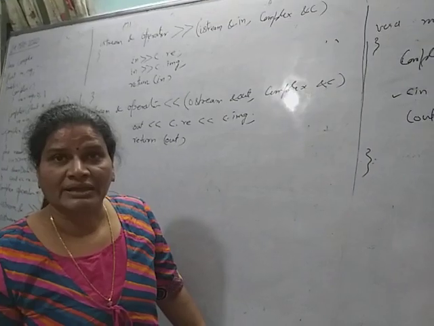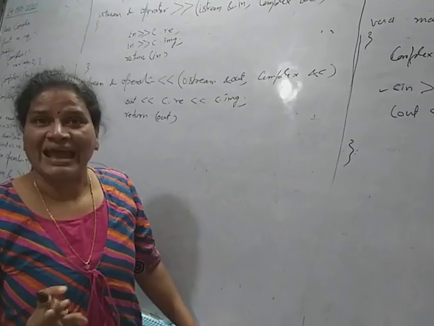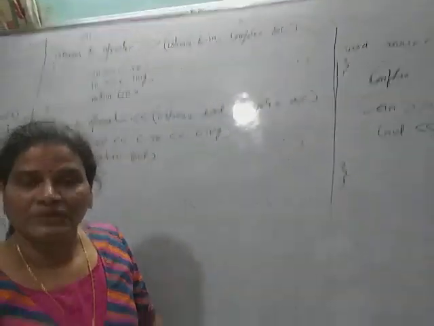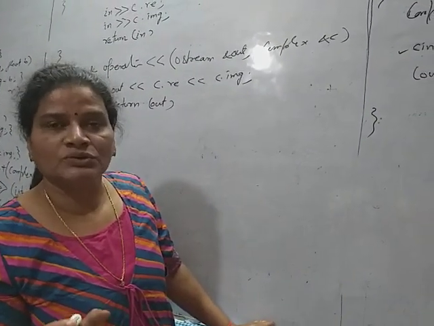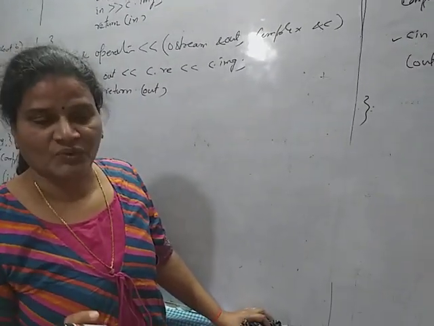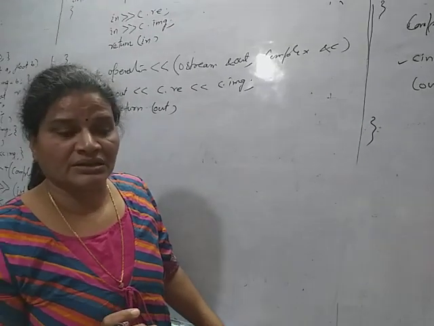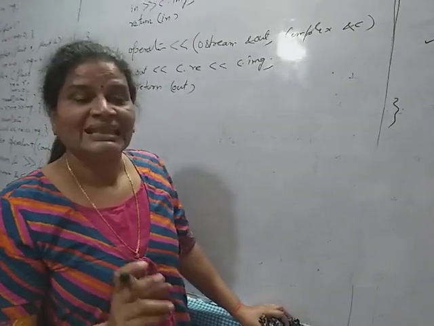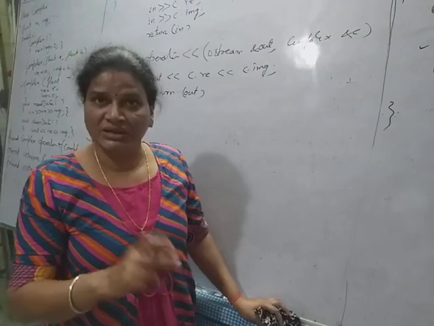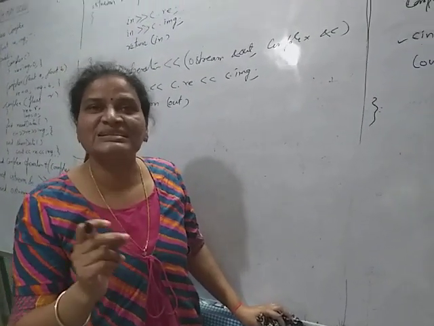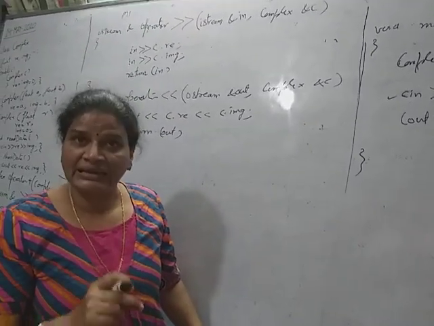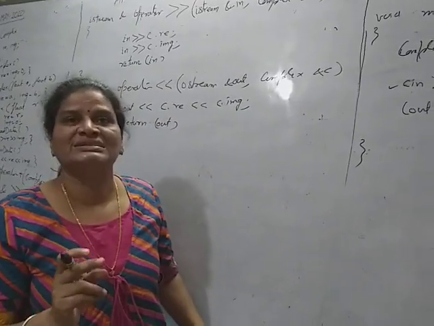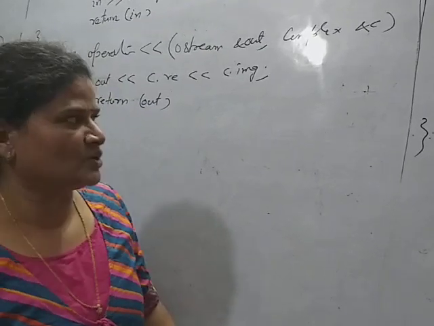simply you can overload the unary and binary operator in two ways, either operator member function or using friend function. Okay, when you are overloading with operator member function, then if there is a unary operator, no explicit argument is required, and when you are overloading the binary operator, then one argument is passed as an explicit argument.